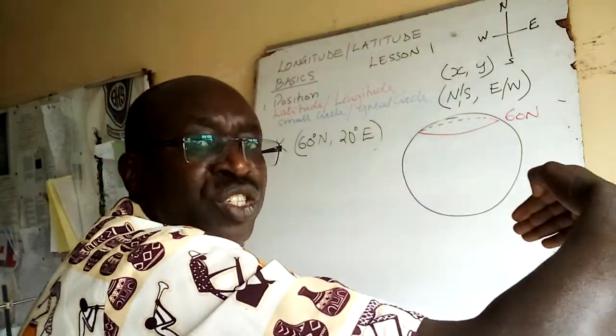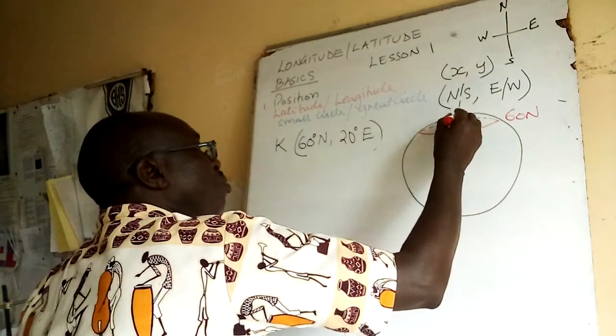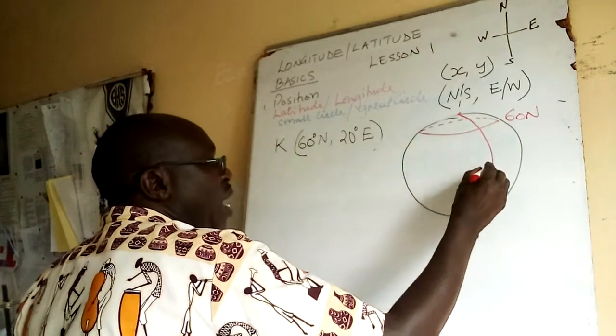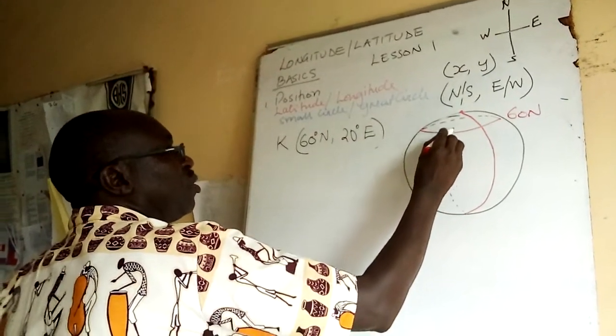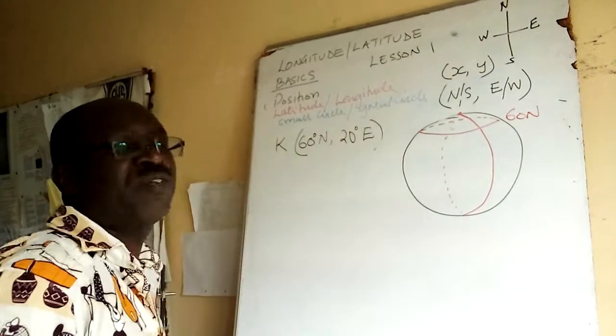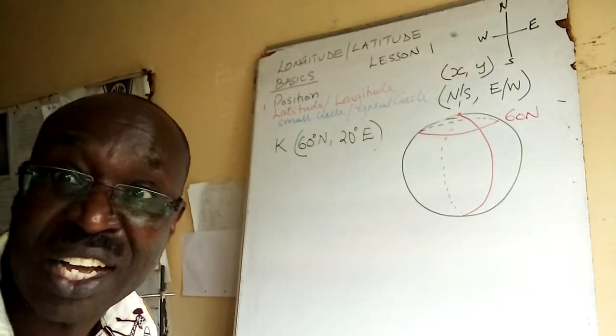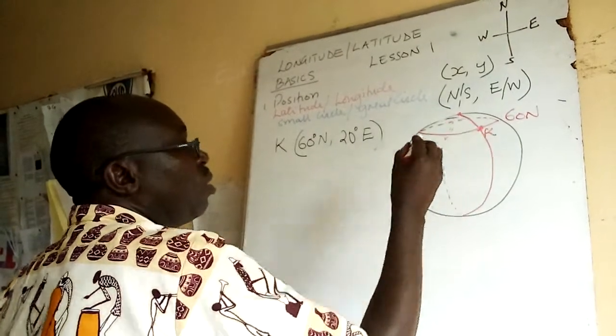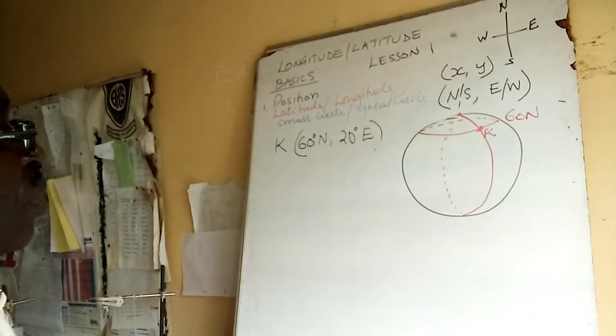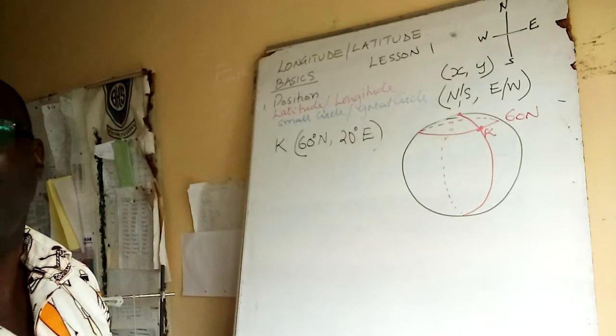It will budge towards the right, so from the northern hemisphere it budges towards the right. You can also put that in to give you an idea of the circle. This point is the one we call point K.